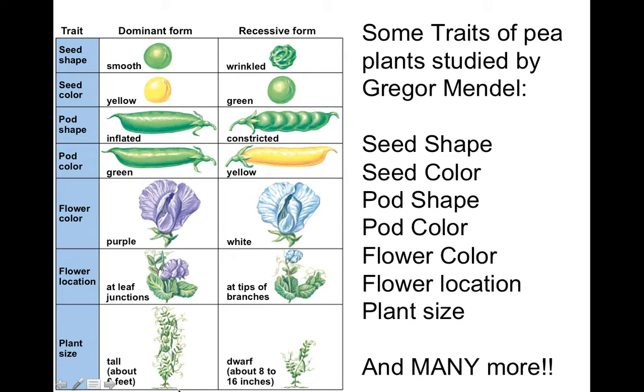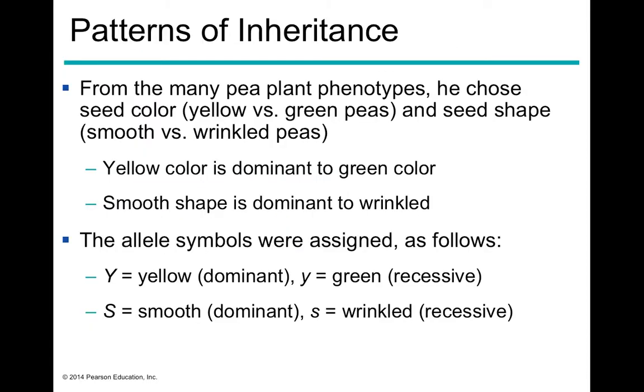Is it found at the junctions or at the tips of the branches? The plant size, is it tall or dwarf, etc., and many, many more. So he had tons of books of data that are somewhere stored, I'm sure, in someone's archives, that started the mathematical modeling for what we now understand to be genealogy and how genes are going to be passed on from one generation to the next.